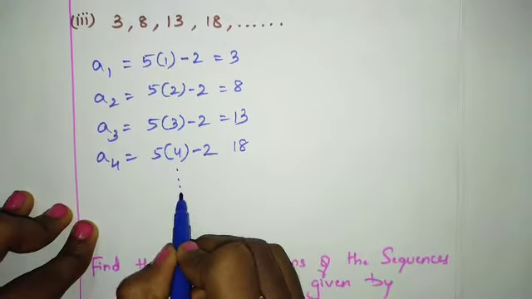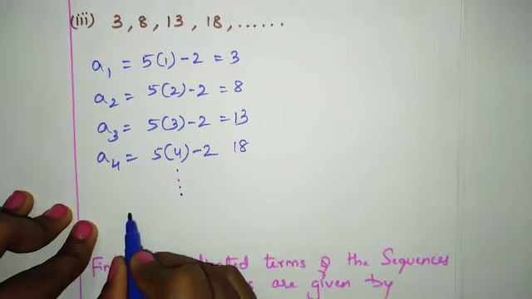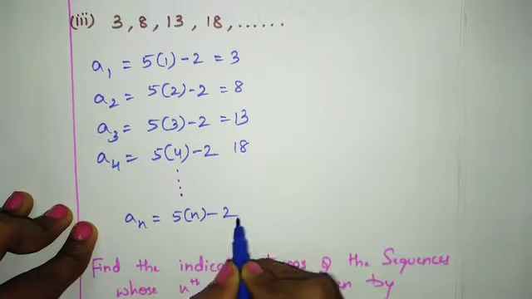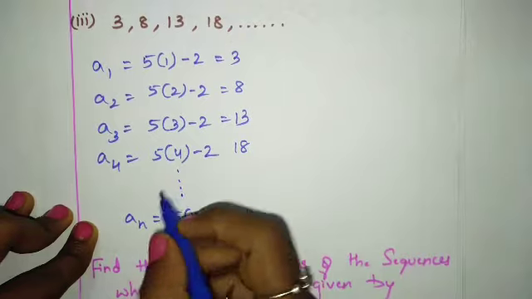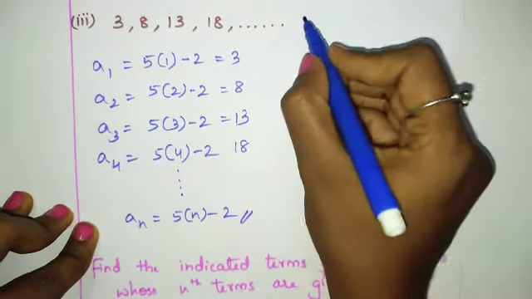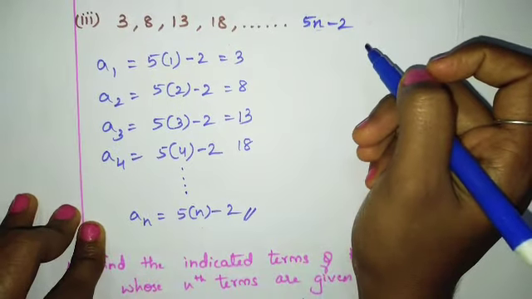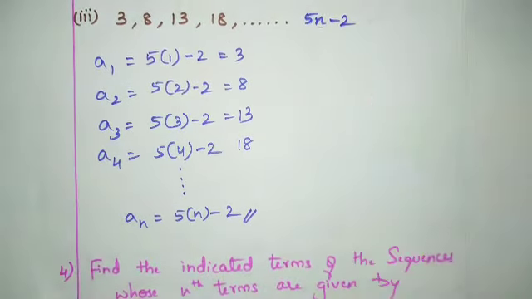So similarly, if I continue this for nth term, I can write this as an is equals to 5 into n minus 2. So this is your nth term. So if I continue this sequence, I'll just write this as nth term will be 5n minus 2. Got it?